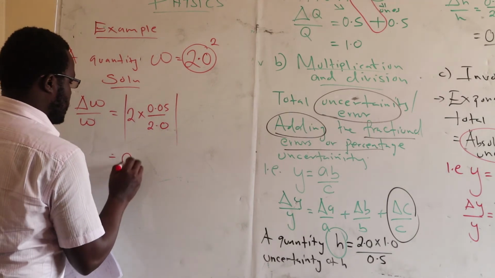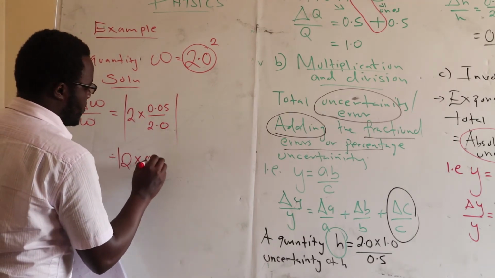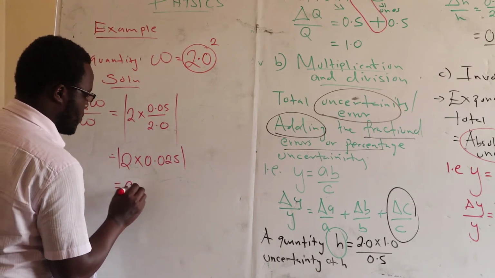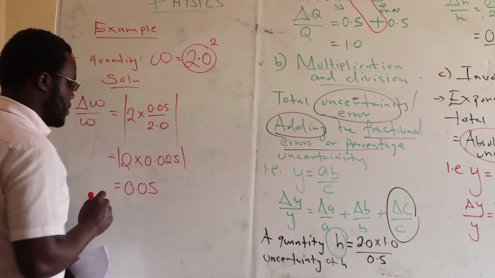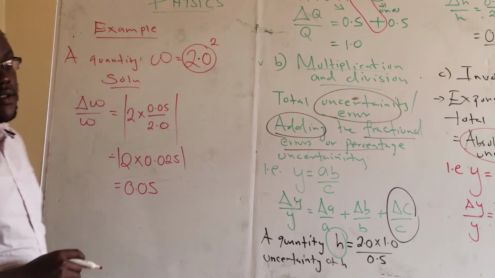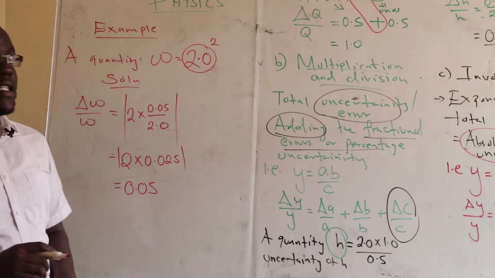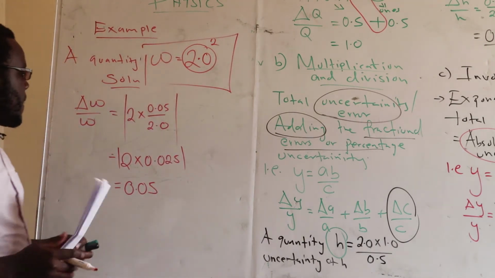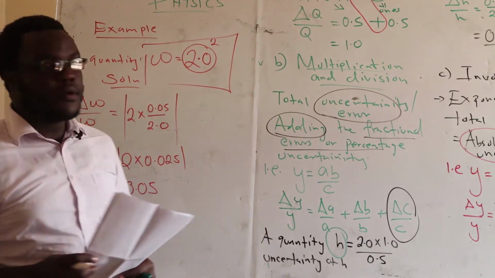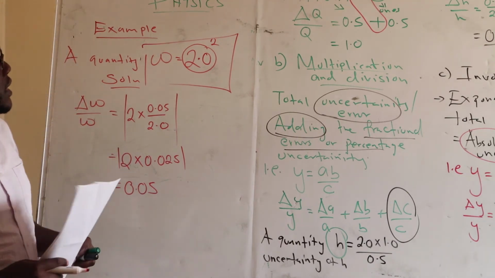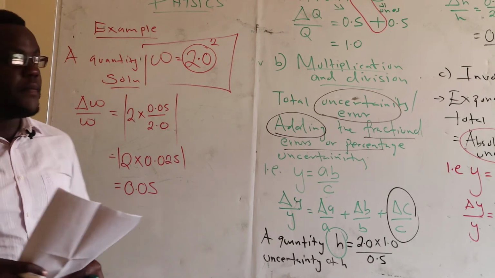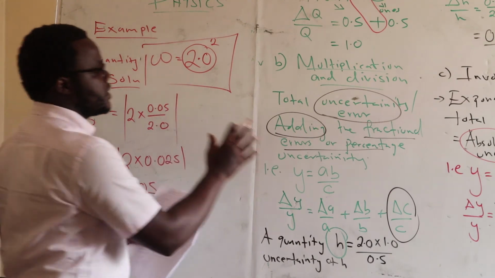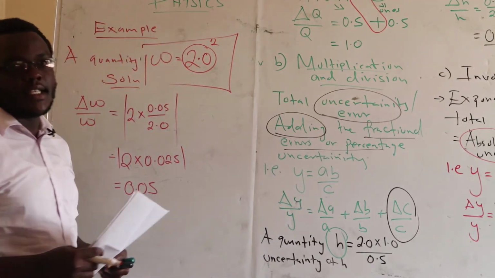That gives us 2 multiplied by 0.025, giving us 0.05, and that will be our total uncertainty for W. So having been able to propagate each error or uncertainty, you can solve any question involving addition, multiplication, and also powers of uncertainties.